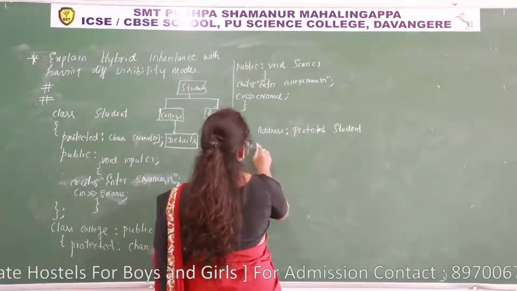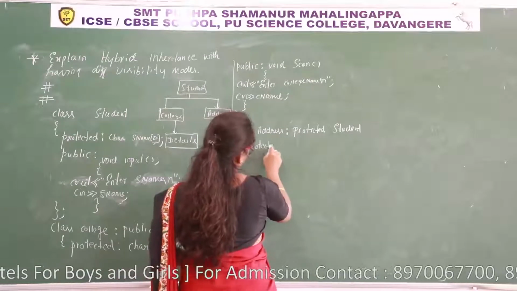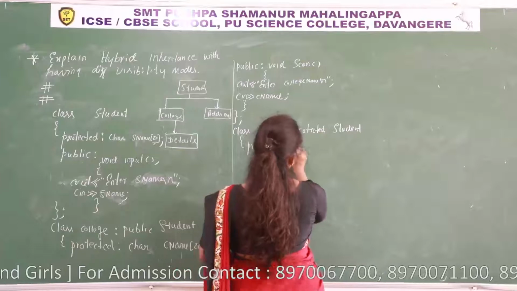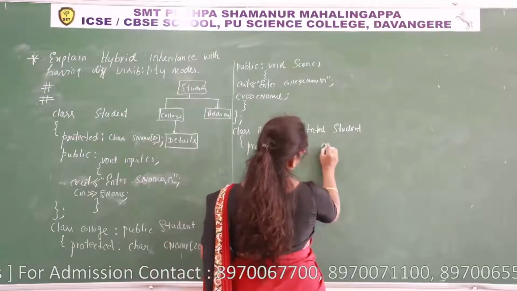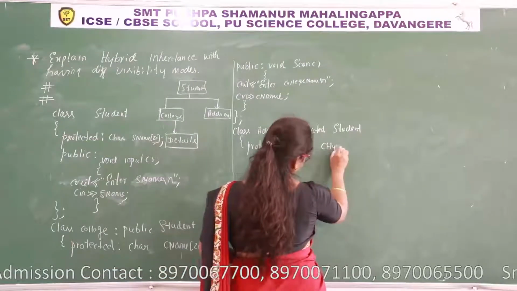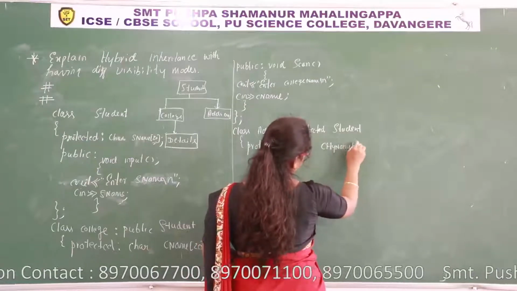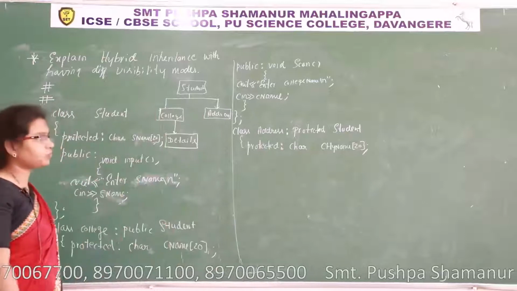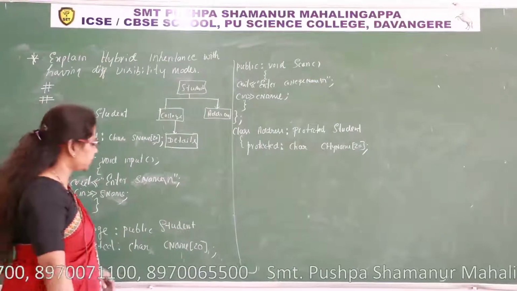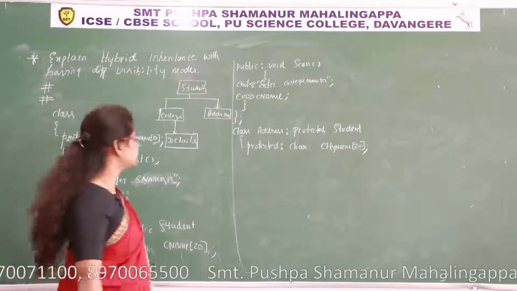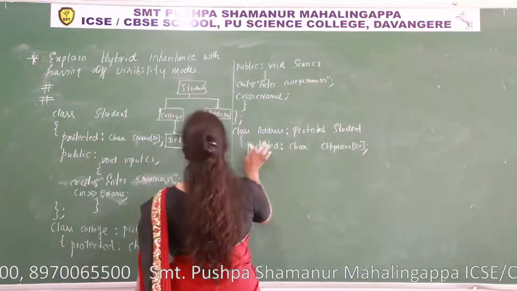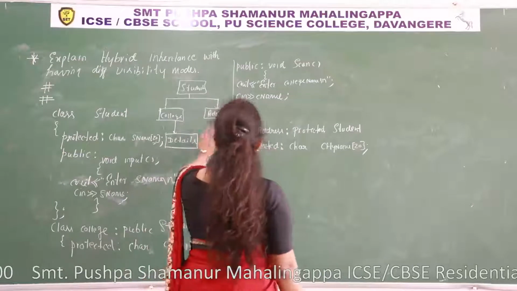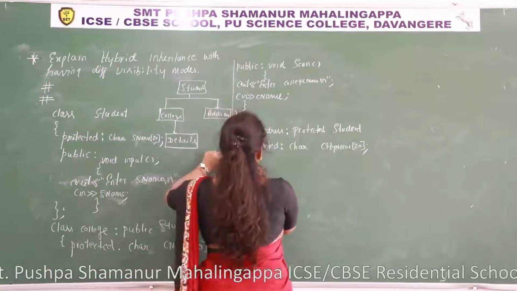In the protected section, I will take city name, char city name. You cannot give the same name for the data members here. If you take C name, we have already taken C name here. But there is no ambiguity if I take C name here, still I'll take a different name.